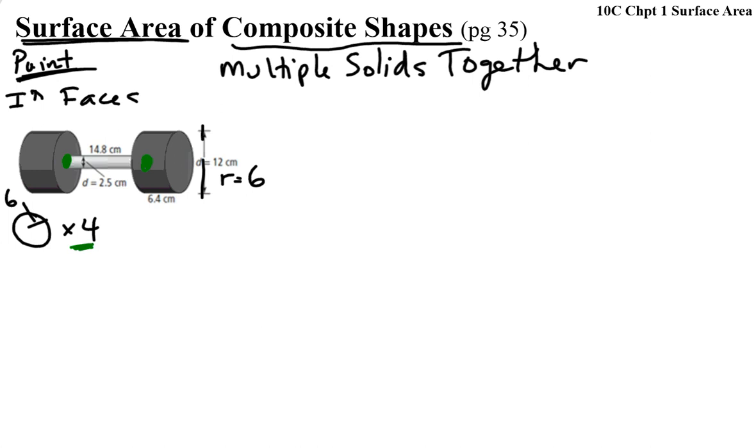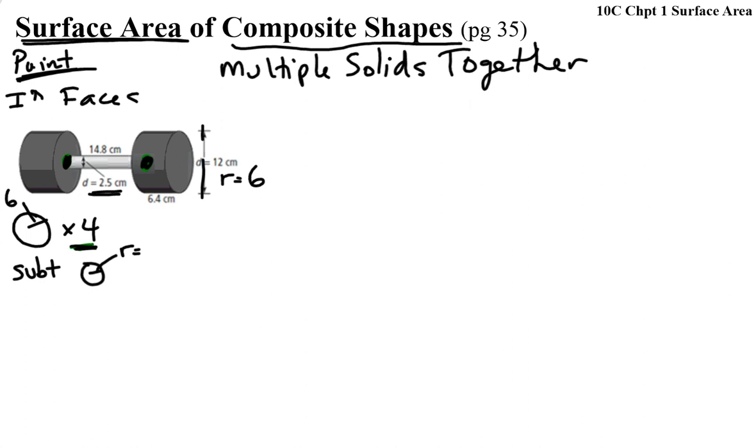So as much as we have 4 circles here, we have to subtract 2 pieces that are smaller circles, and it says the diameter is 2.5. We want a radius then, because we use radius in our formula.